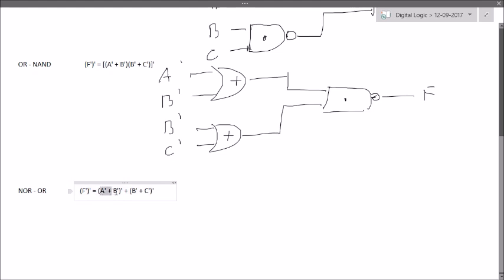You see, inside there's a NOR. This is a NOR, right? A prime plus B prime. This is a NOR gate. B prime plus C prime, outside is a prime, so this is a NOR gate. And everything is an OR gate. So here's the circuit.